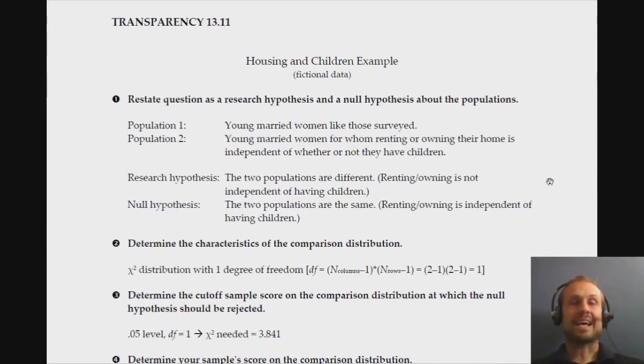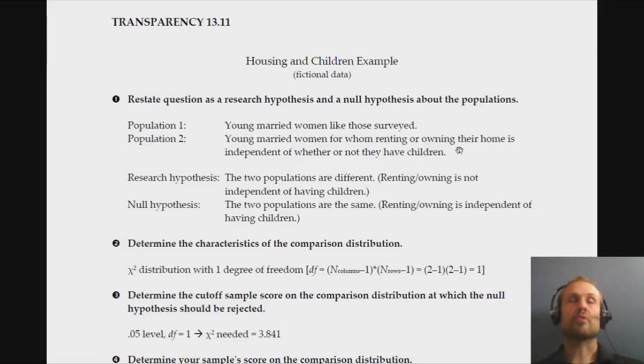So if I look at it as a hypothesis test, stepwise procedure, I have my two populations. Young married women from whom renting or owning their home is independent. And I'm trying to see under population 2, if I assume there's no difference, I assume independence.